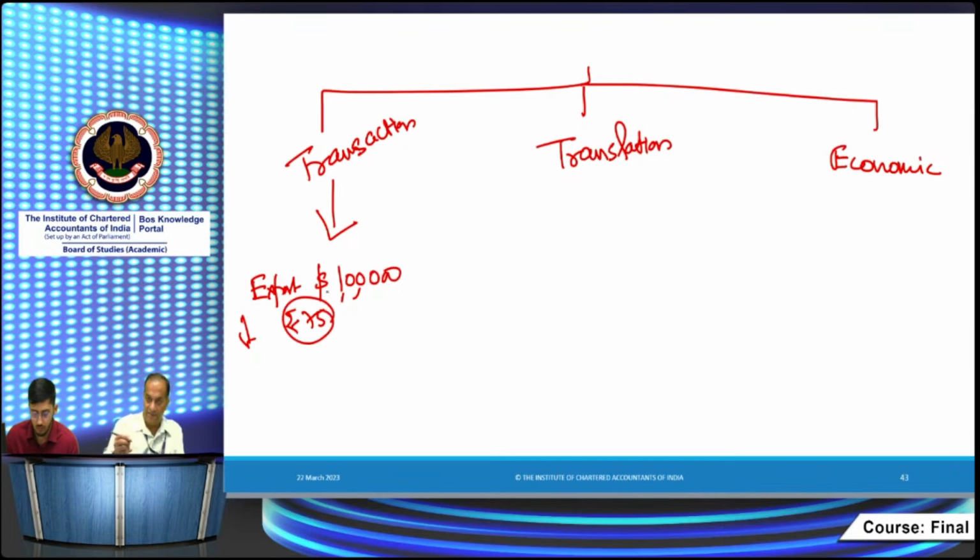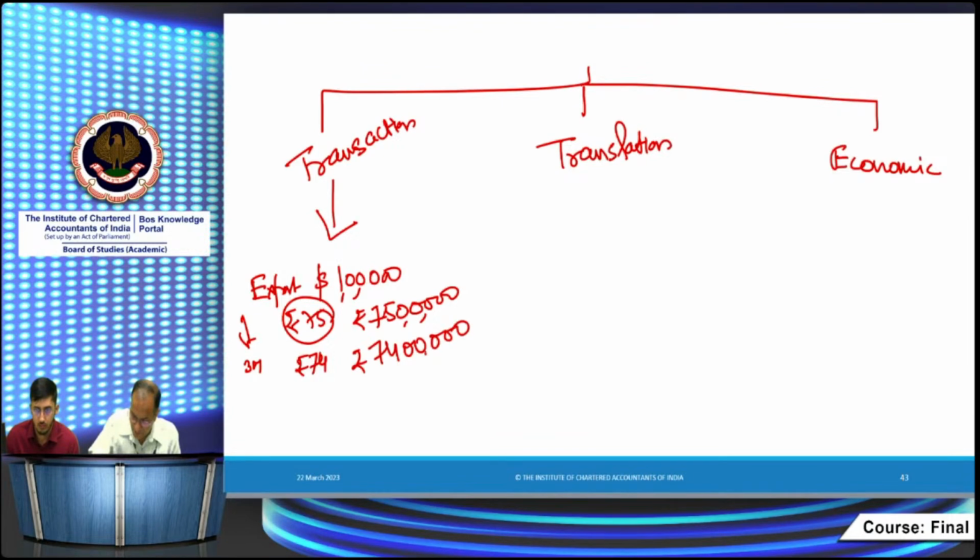Now he says that of course my revenue after 3 months I will earn rupees 75 lakh because of conversion. Now suppose by the time money comes, the rupee has become stronger and this rate becomes 74. So of course at the time of conversion, the money will be at 74.